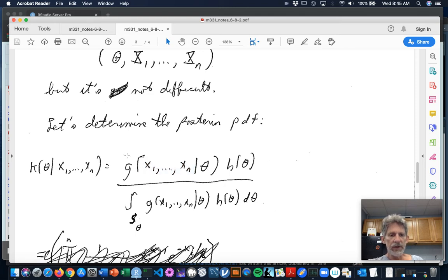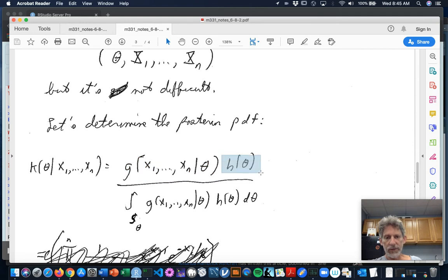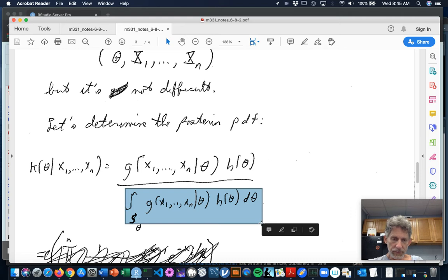And so this is going to be the joint PDF for the multivariate random variable x1 through xn, given that capital theta worked out to be little theta, times the prior on theta, times the unconditional probability or density that capital X1 turns out to be little x1 all the way up to capital Xn turns out to be little xn.